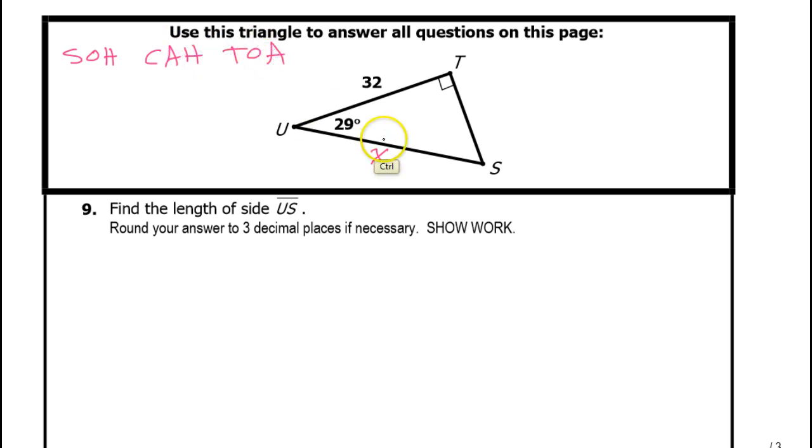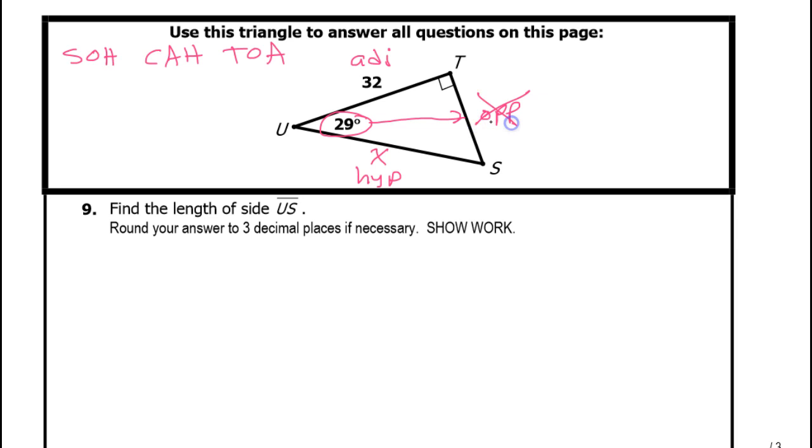So let's label everything. Across from the 90 degrees is the hypotenuse. Let's circle the angle. Across from the angle that we circled is always the opposite leg. Right next to the angle is the adjacent leg.